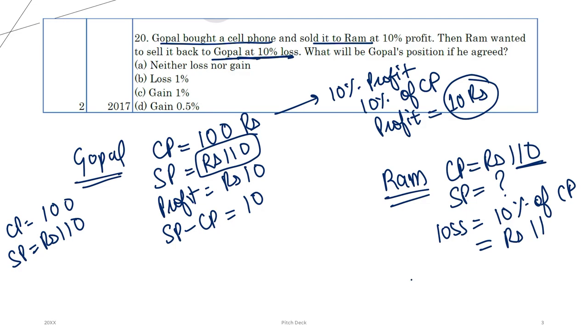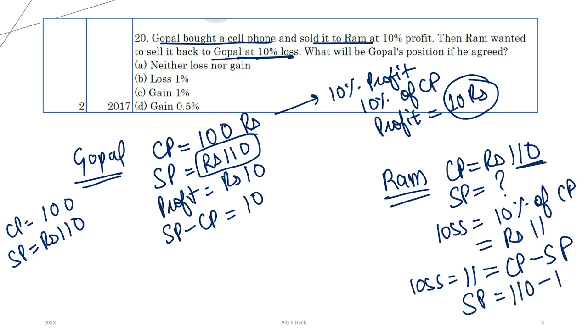So how much loss is occurring? Loss of 11 rupees. What is the formula for loss? Loss is CP minus SP. Always, right? So what is SP here? SP is CP, which is 110, minus 11. So 110 minus 11 is 99 rupees.